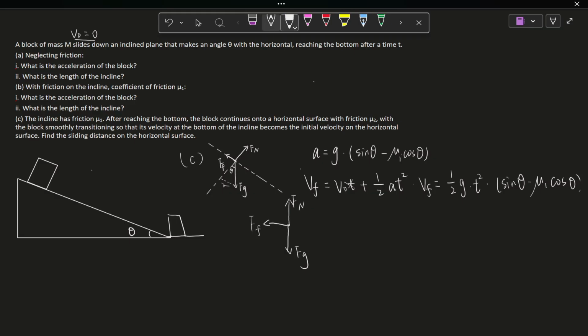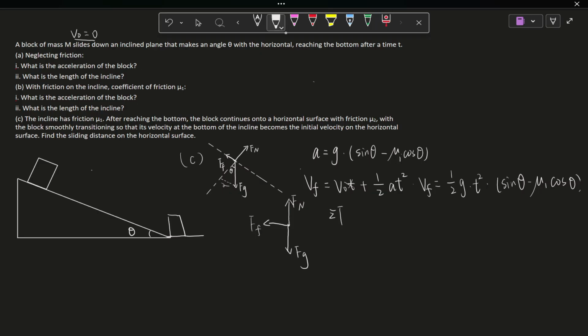In this scenario, the object is not moving vertically, because it's only moving horizontally. So over here, Fn is equal to Fg.